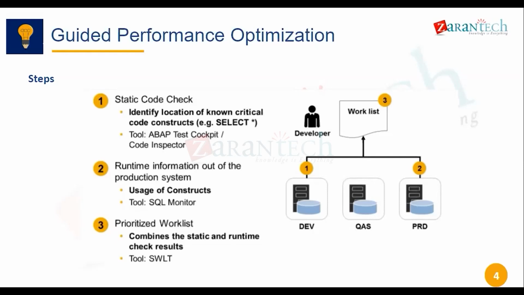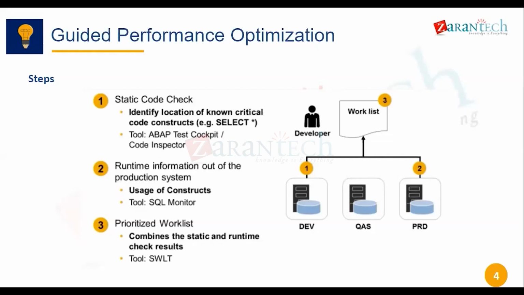It combines both results and gives us a report of the mostly affected or used programs, which are affected in terms of performance. We can start focusing on those programs and statements and make the necessary corrections. This is the step-by-step guide we can follow for performance optimization.